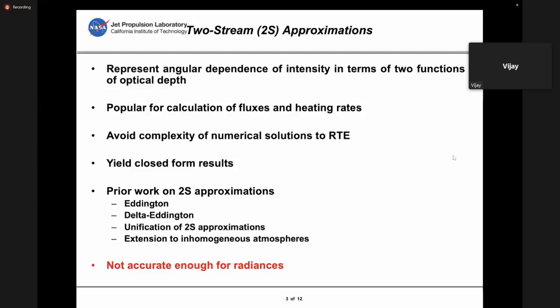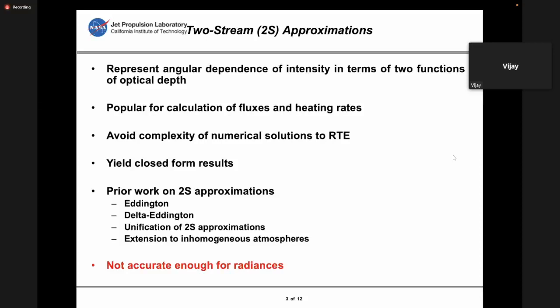These have been a popular alternative to numerically more precise models, especially for the calculation of fluxes and heating rates relevant to climate modeling. The nice thing about 2S methods is that they avoid the complexity of numerical solutions to the radiative transfer equation by yielding closed-form analytical results.